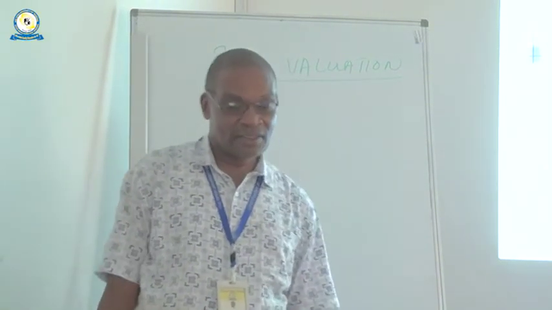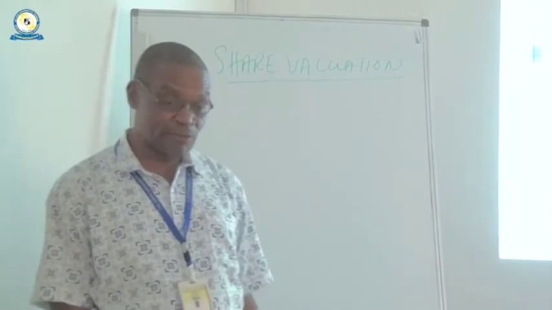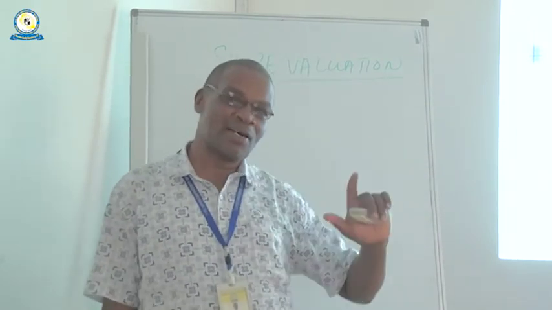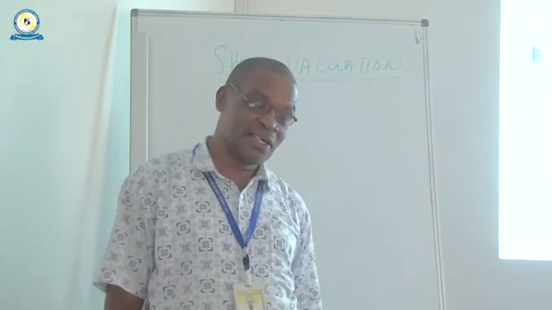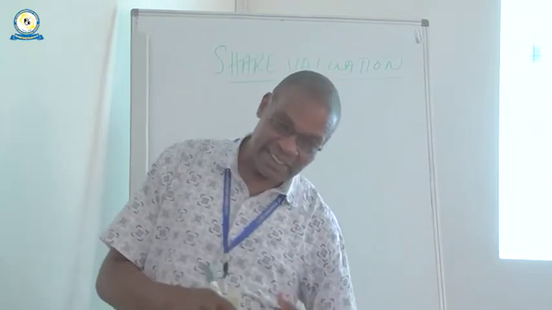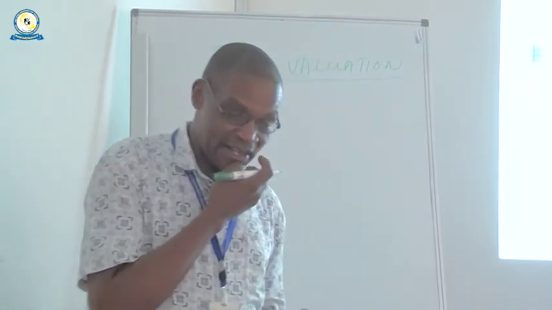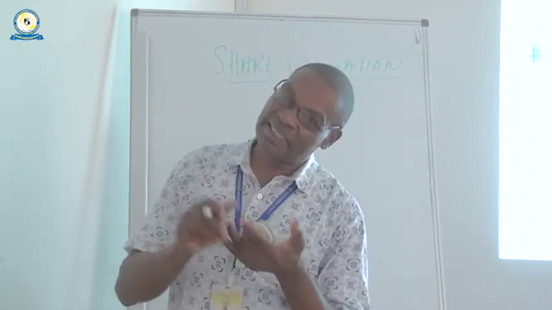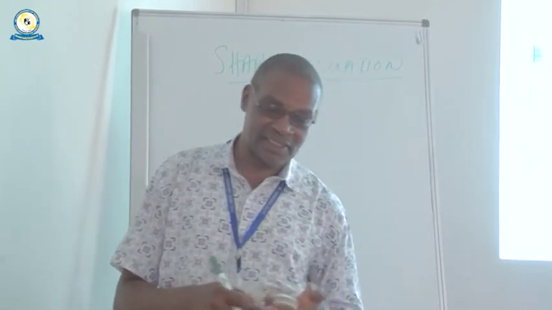Characteristics of shares. First of all, we are supposed to know the cash flow pattern in the share. We have periodic dividends. In the bond, we saw that there is coupon interest, but in shares, instead of coupon interest, we have periodic dividends, which are paid depending on the earnings, the dividend policy, and the investment opportunities.